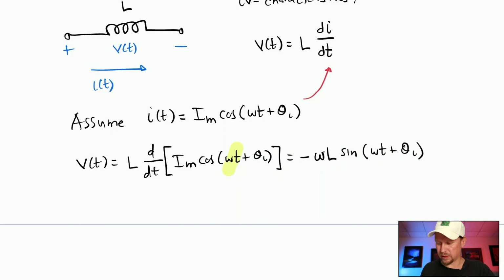This is where I'm actually going to call on a trig identity to help us along.